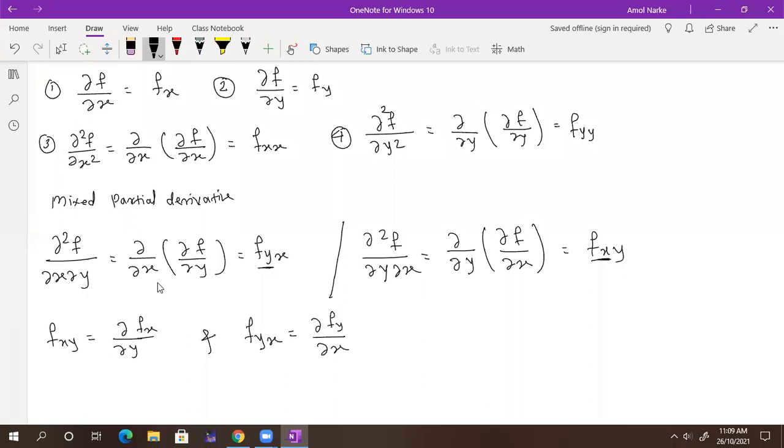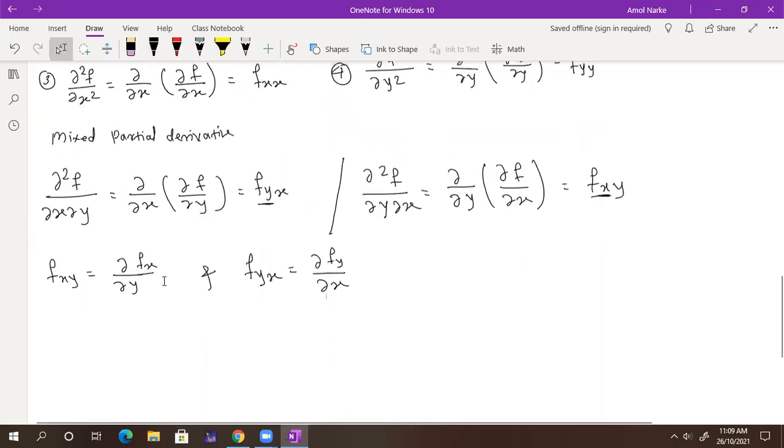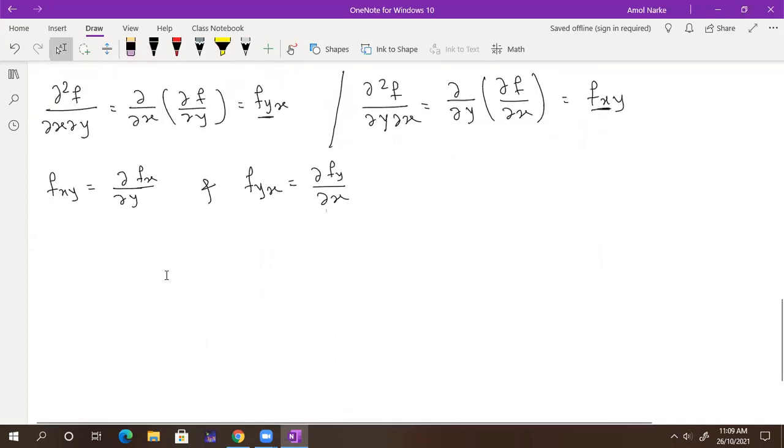Okay. So that theorem name is Young's theorem. So we write down the statement of the theorem.